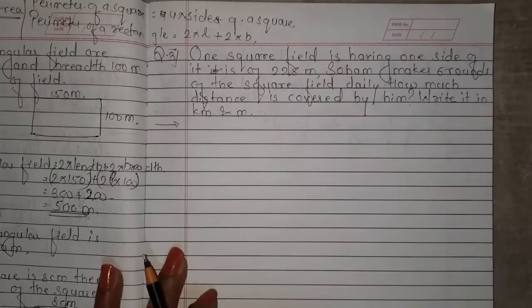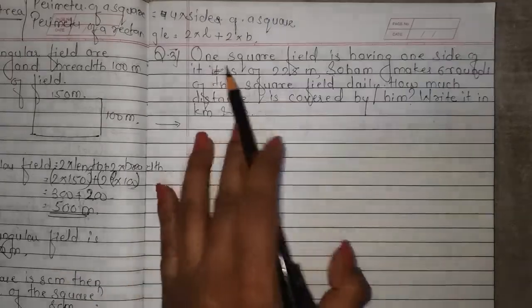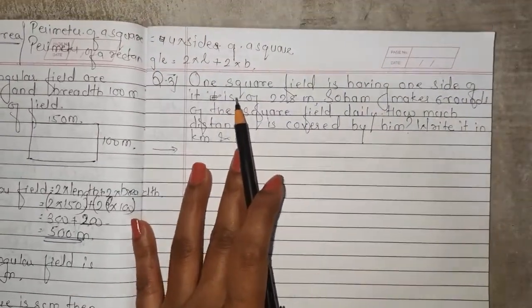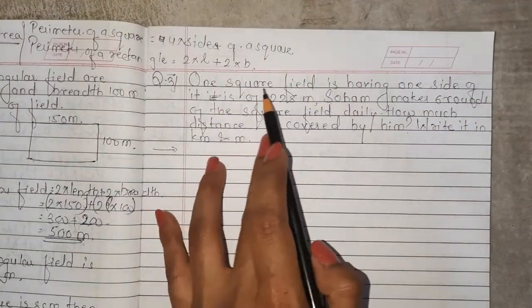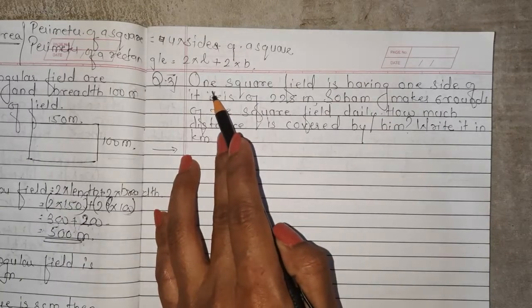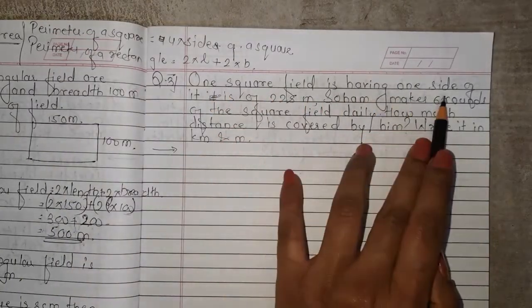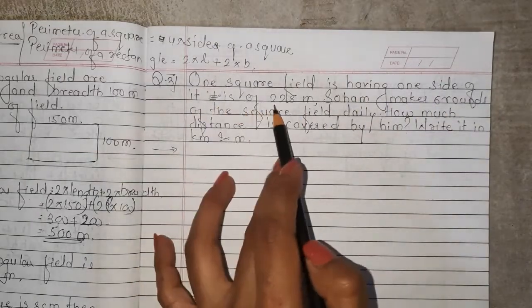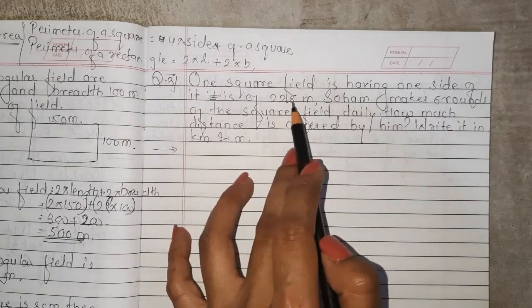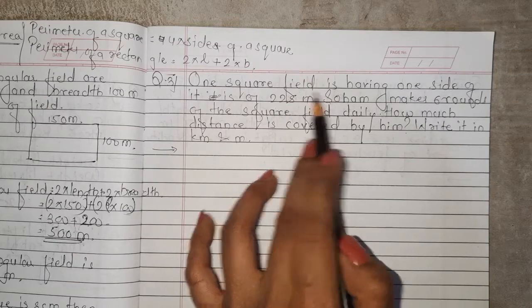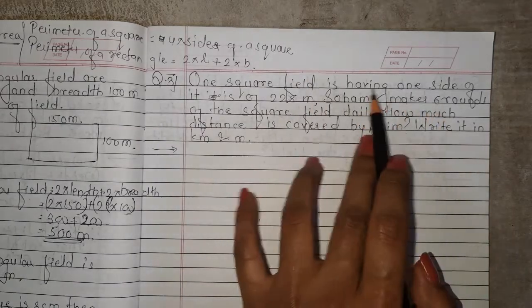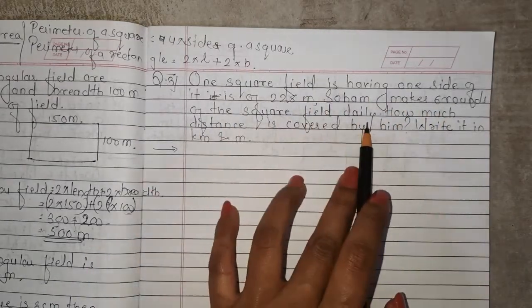Next. Now pay careful attention. One square field is having one side of 225 meters. Soham makes 6 rounds of the square field daily.